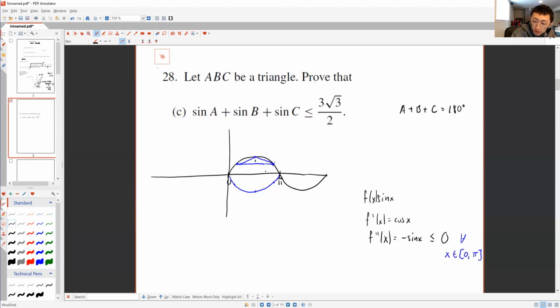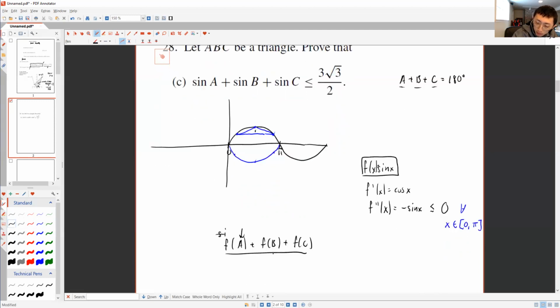So let's see. Jensen's inequality says, I'll just write f equals sine x, so instead of sine x, we'll say f of a plus f of b, and these are just some angle measures, 3 angles that add up to 180 degrees, plus f of c.